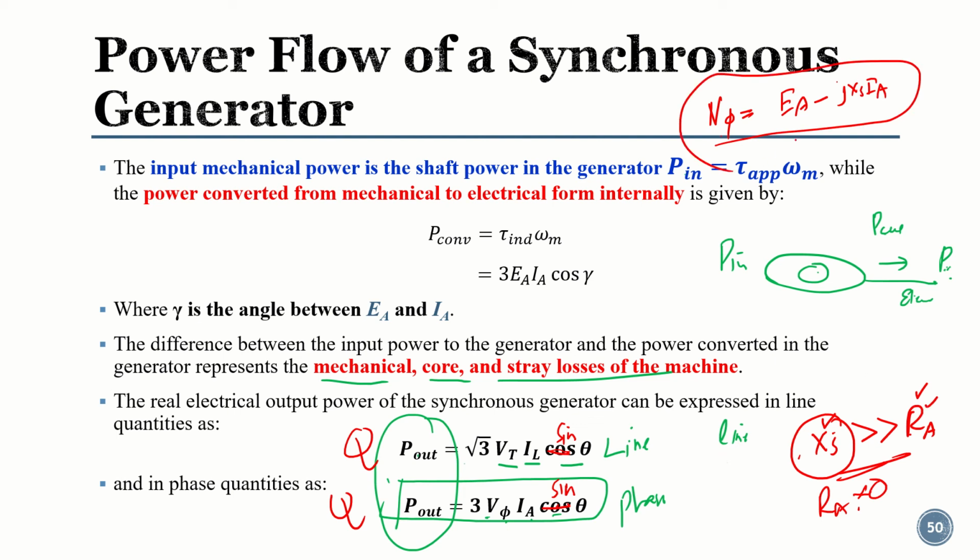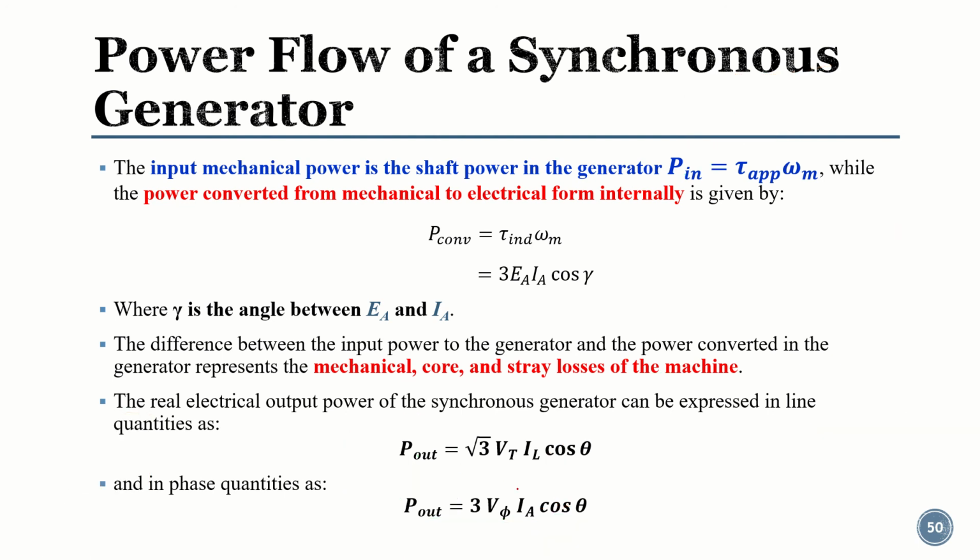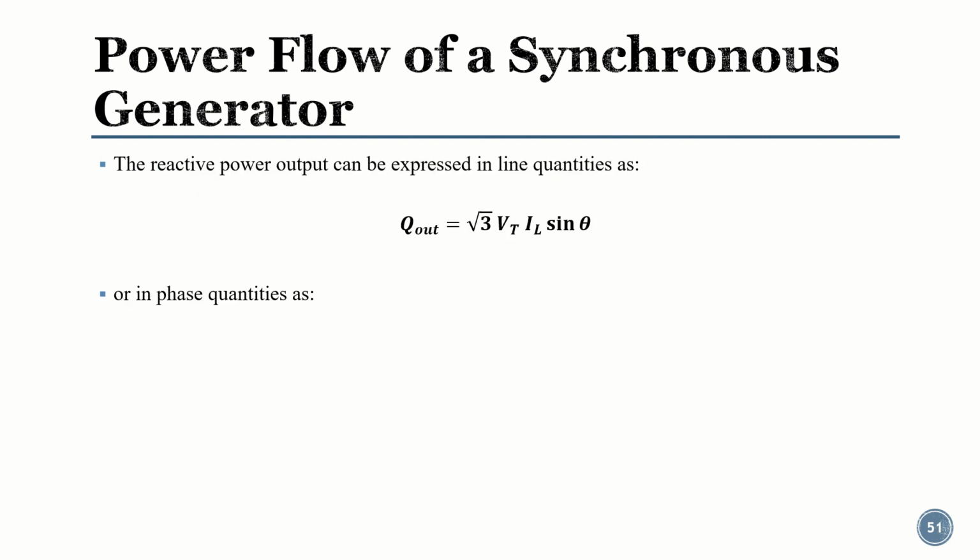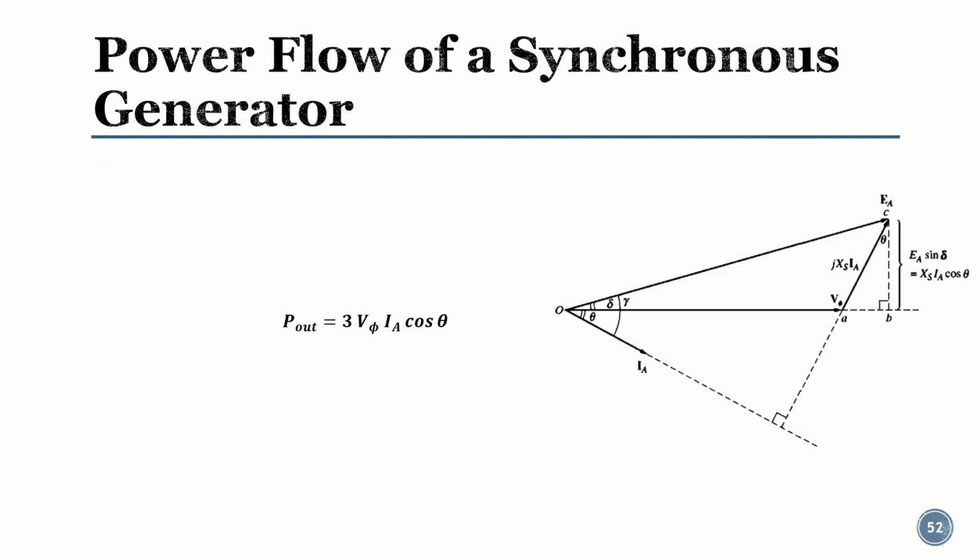Now let's plot the phasor diagram for this case. The target is to find what IA cosine of theta is.